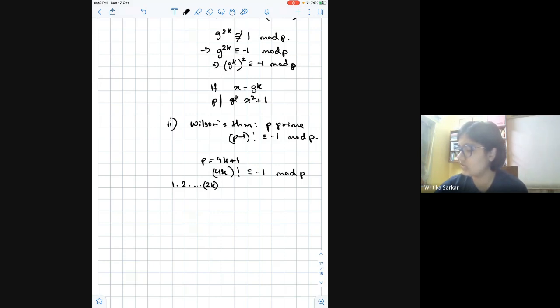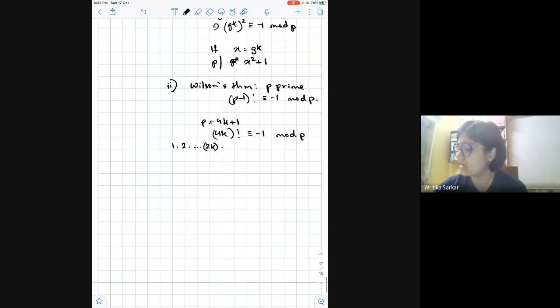Then 2k + 1 is congruent to 2k + 1 minus p, which is 2k + 1 minus 4k minus 1, which is going to be -2k.